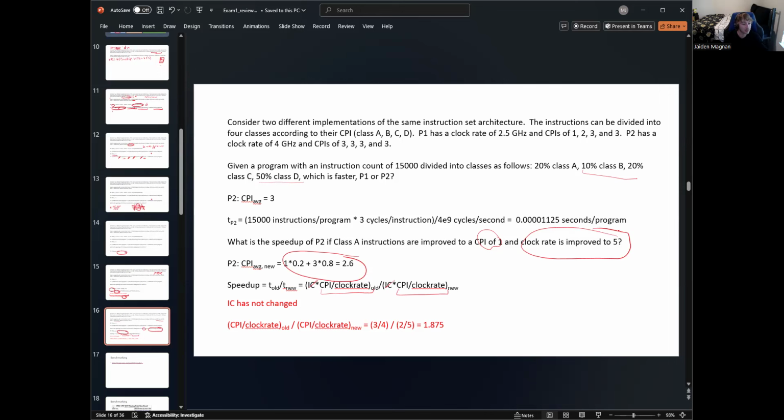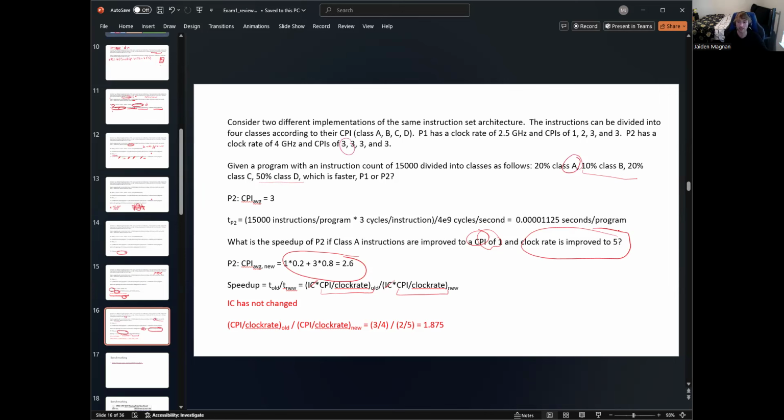So someone asked, what does it mean to improve the CPI by one? So what CPI stands for is cycles per instruction. So cycles is how many times your clock is going to cycle through every time you want to run an instruction. So here originally, every time you wanted to run an instruction from class A, it would take 3 clock cycles.